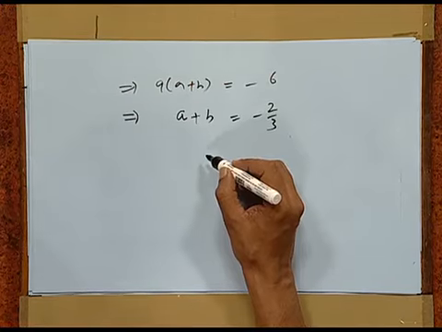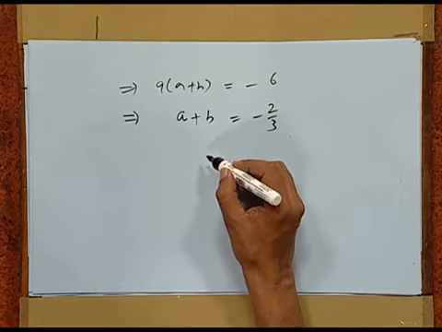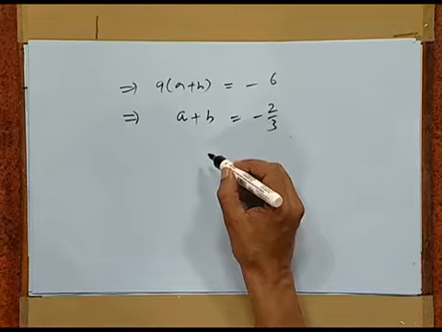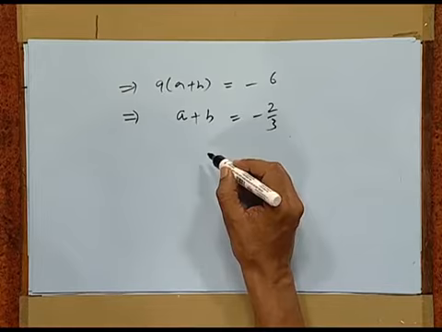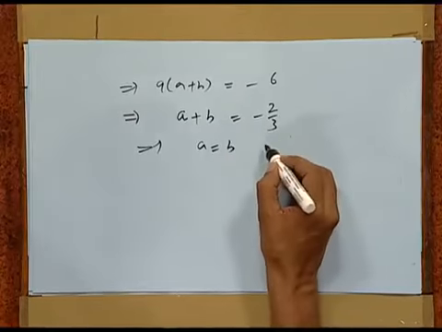But both a and b belong to R plus, so both are positive, so a plus b cannot be negative. Now this is a consequence of the assumption that a is not equal to b, and since it is absurd, we have to withdraw our assumption, namely a is not equal to b, so we must accept that a must be equal to b.